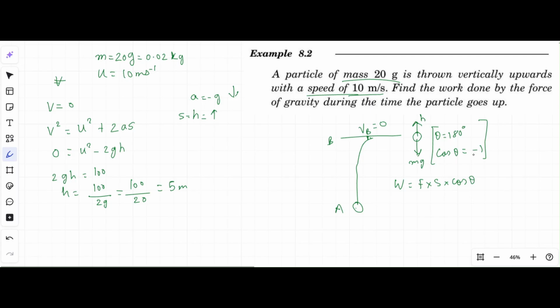So cos 180 is minus 1, since they both are acting opposite, and force is m into g, and distance traveled is 5 meters. So force is m into g, m is 0.02 into 10, and the height it ascends is 5 meters into minus 1. So this is 0.2 into 5, this becomes 1. So this whole thing becomes minus 1 joule.